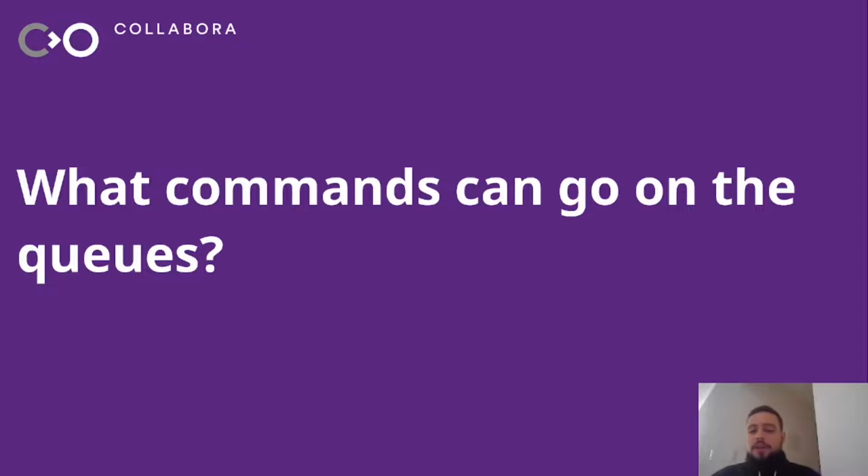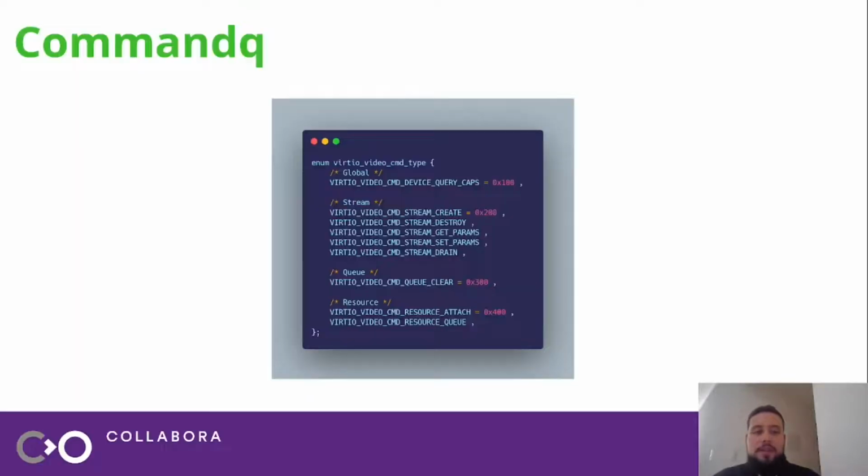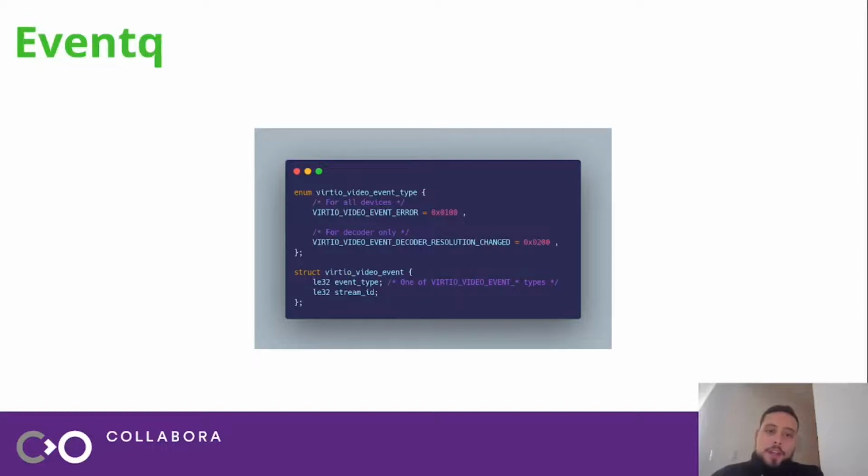And only for the sake of completeness, here are all the commands that can go on the queue. So on the command queue, you have query caps, you have a way to create a stream, destroy a stream, set and get stream parameters, drain and clear, and you also have some resource/memory related commands such as resource attach and resource queue. And here are all the events.